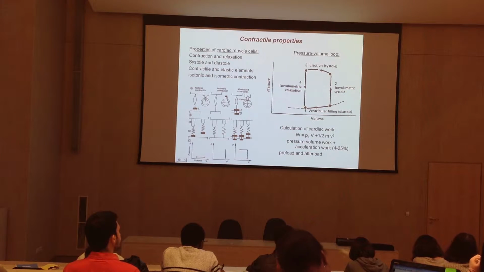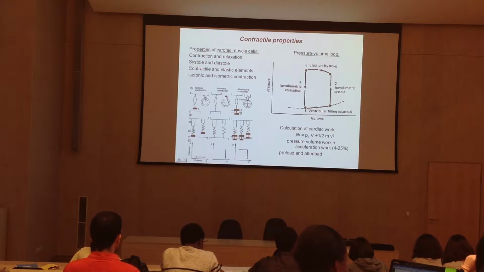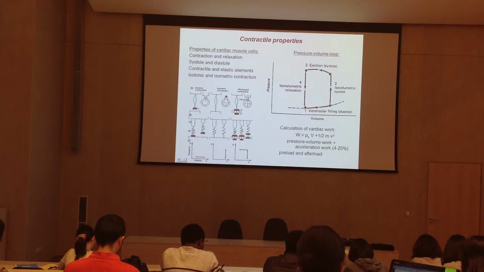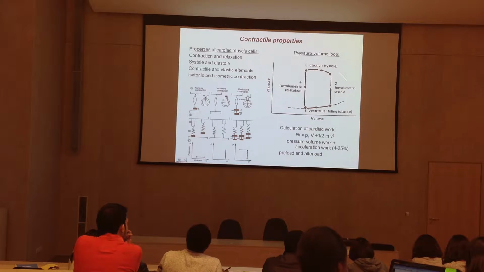But the blood cannot be ejected until the intraventricular pressure reaches the intra-aortic pressure. Therefore, the first period is the isovolumetric systole, which means that there's no change in the volume, but the intraventricular pressure will increase until it will be larger than the aortic pressure.